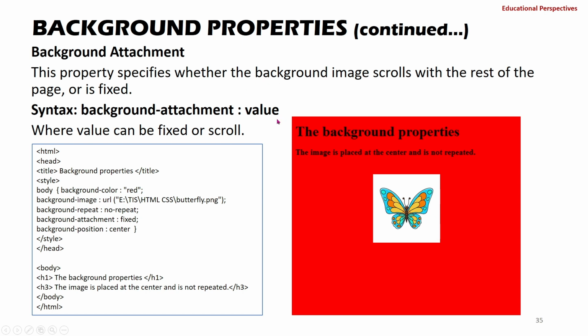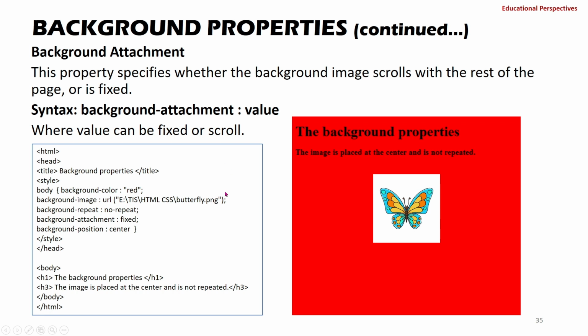In place of value, we have to write either fixed or scroll. If I write fixed, then it will not scroll with my page. And if I write scroll in place of value, then it will scroll along with my text as I scroll horizontally or vertically using the bars.